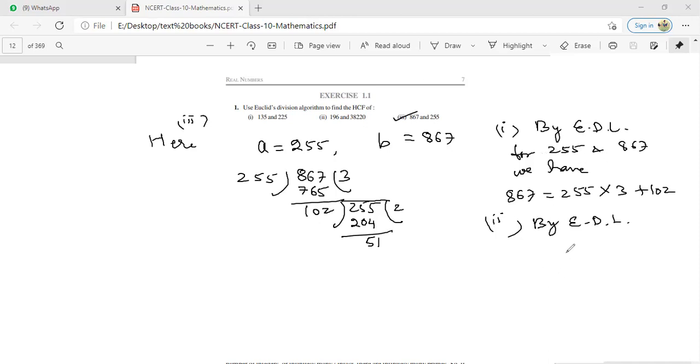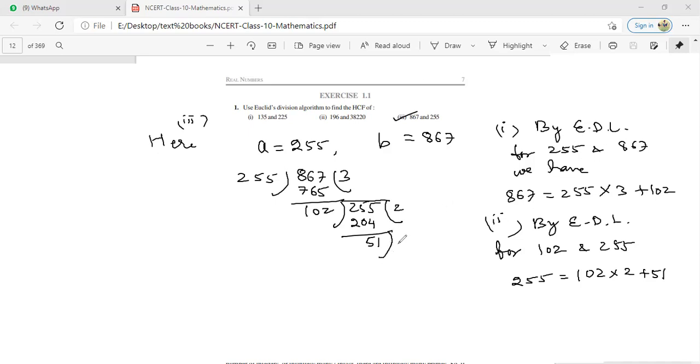You should write Euclid's division lemma for these numbers, for 102 and 255. What can we write? 255 is equal to 102 into 2 plus 51.